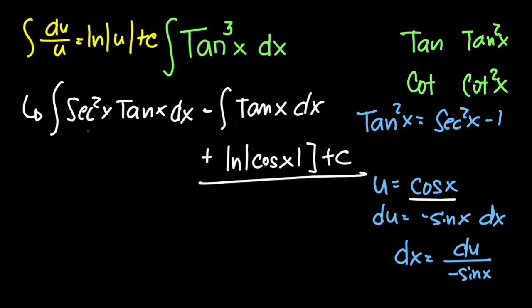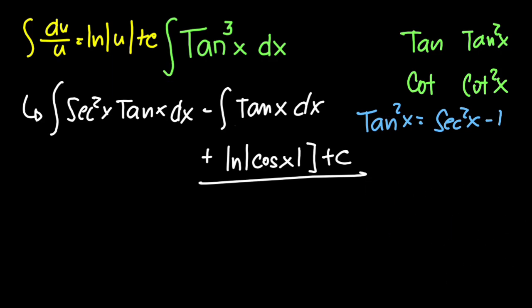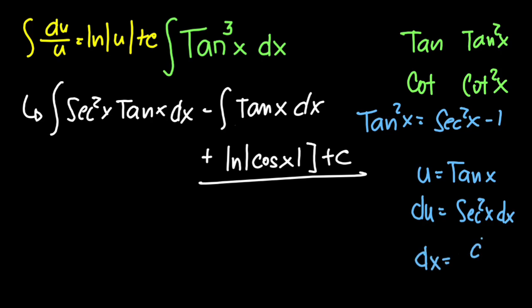So let us move on to this first part, which is the integral of secant squared of x tangent of x. So in our case, let u here be tangent of x. And so taking the derivative of tangent of x, it would be equal to secant squared of x multiplied by dx. And so dx right here would be equal to du over secant squared of x.